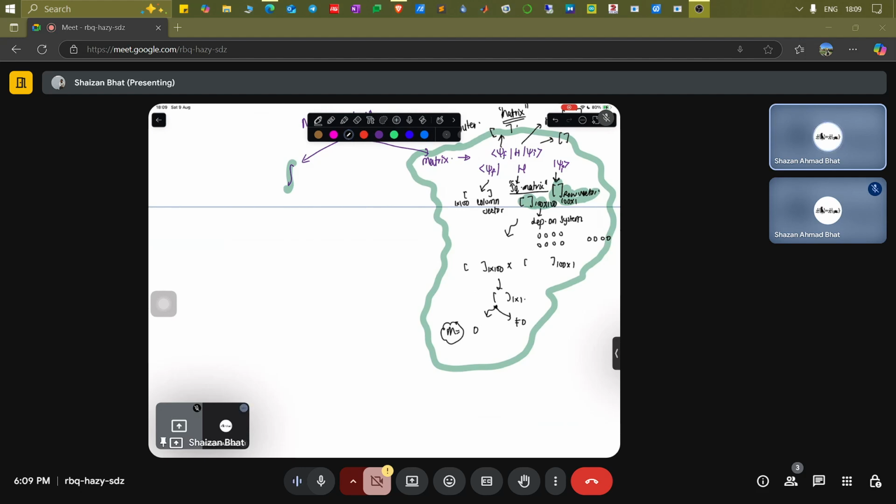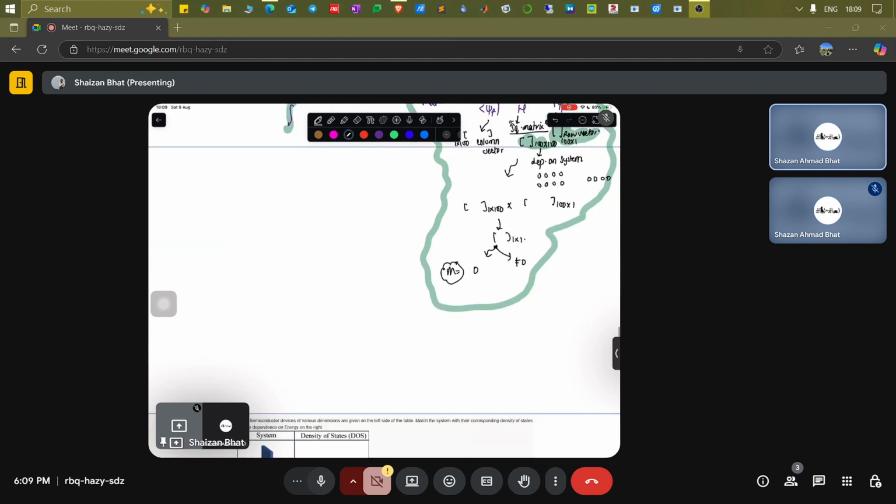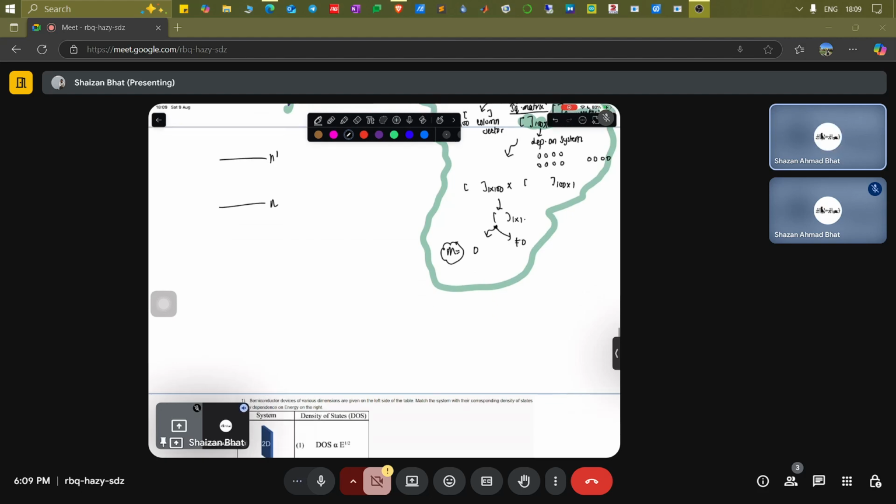Now, for example, if you have two levels, let's say this is n and this is n dash, you can write the wave function psi i and psi f.